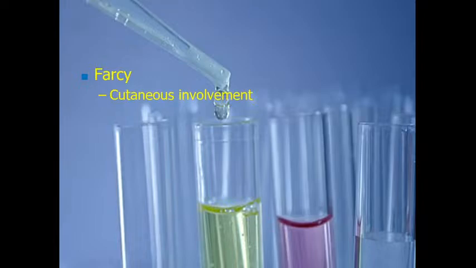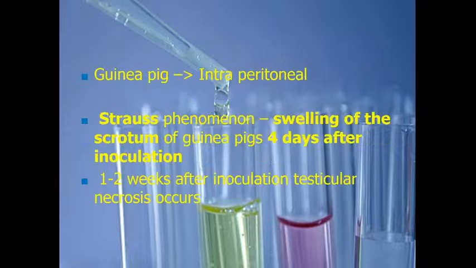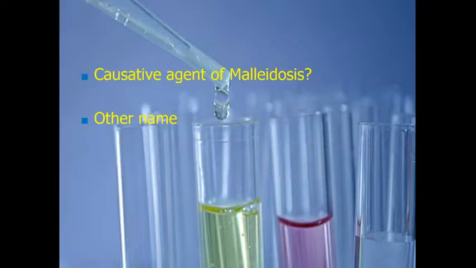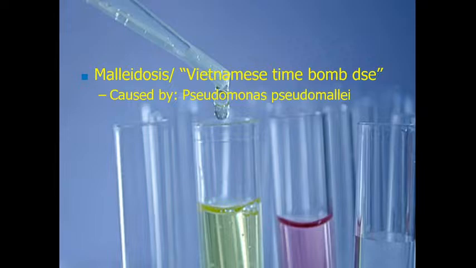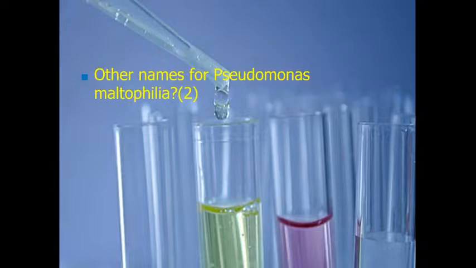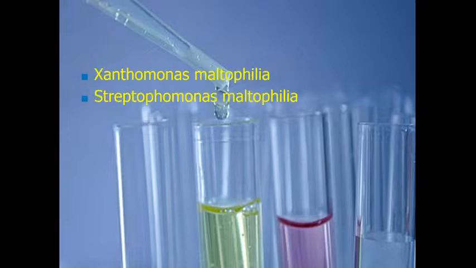If you're using this terminology, it has something to do with skin infections, particularly involving the cutaneous tissue. Okay? Now, if your organism is Pseudomonas pseudomallei, or melioidosis, the disease is melioidosis or Vietnamese time bomb disease. Okay? Now, other names for Pseudomonas maltophilia. We have Xanthomonas maltophilia and Stenotrophomonas maltophilia.